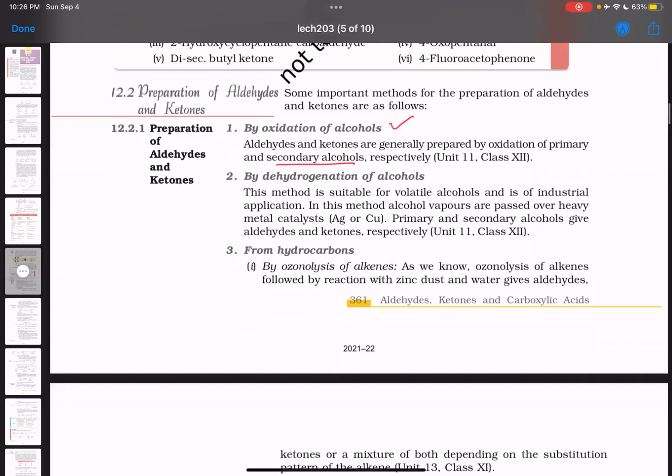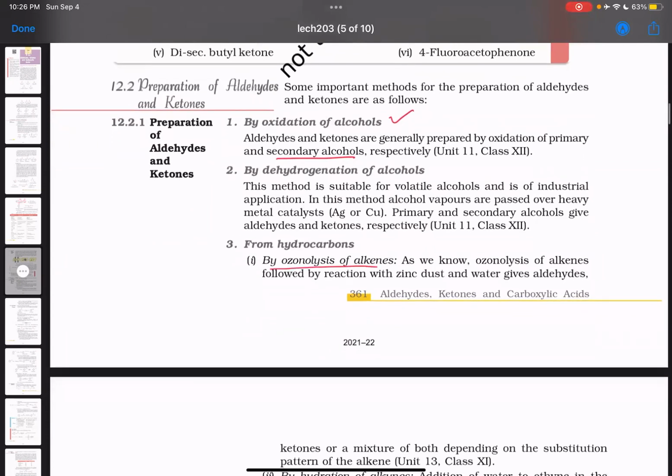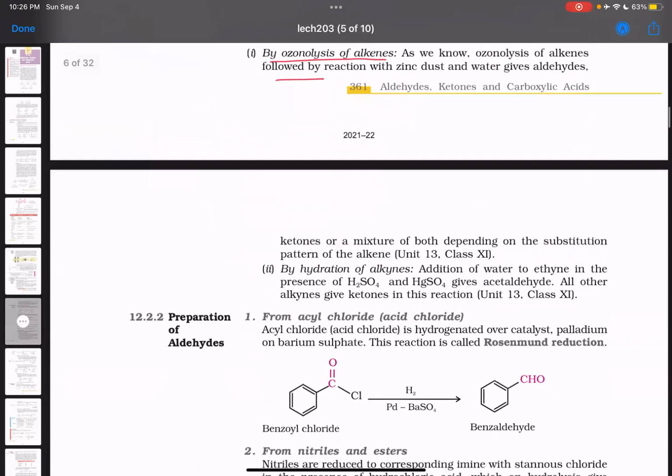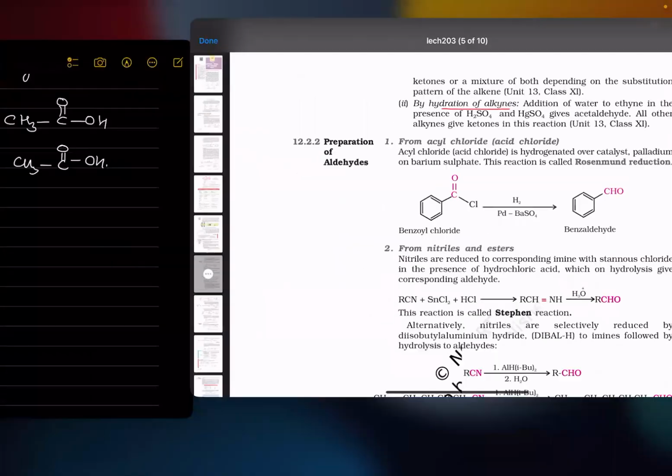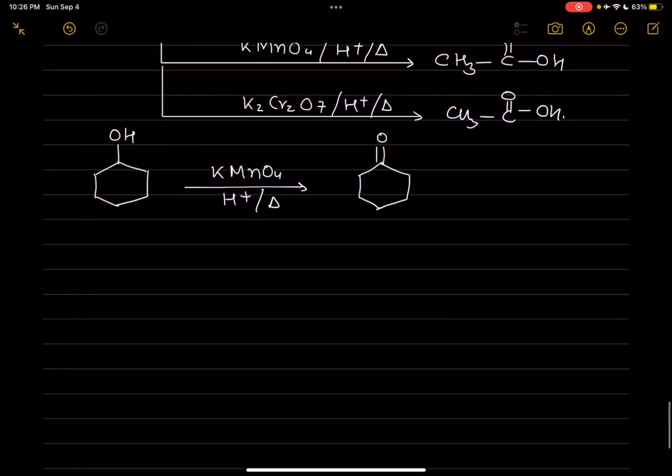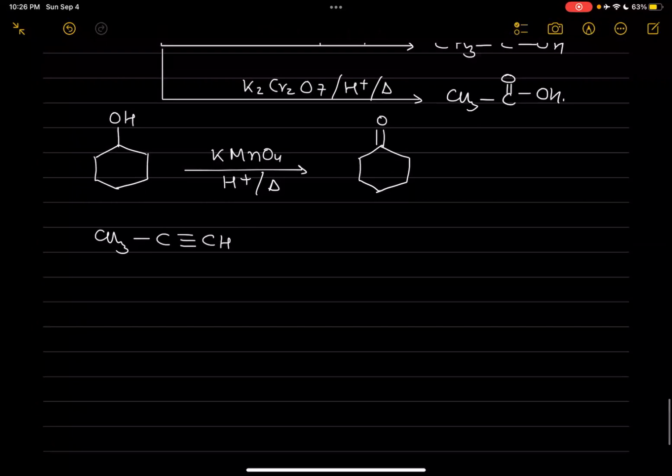So preparation of aldehyde: ozonolysis of alkene, that I already discussed with you, or by acid catalyzed hydration of alkynes. This is important. If you take alkynes and add water to them in Markovnikov way, H2O, in Markovnikov fashion you put H on the carbon atom where you have more hydrogens.